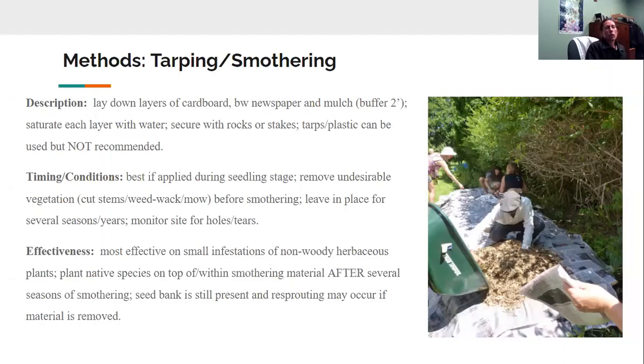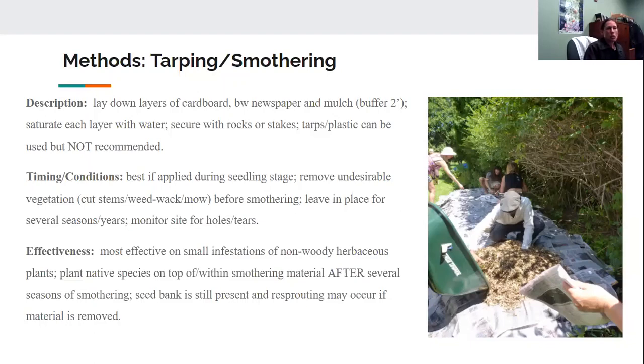What you're trying to do here is kill the plant so that it's not getting sunlight and oxygen. Essentially, you're saturating the soil to remove the oxygen from the area, and that helps to kill the plant.